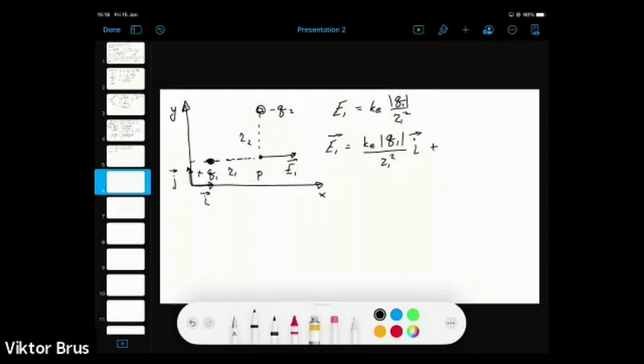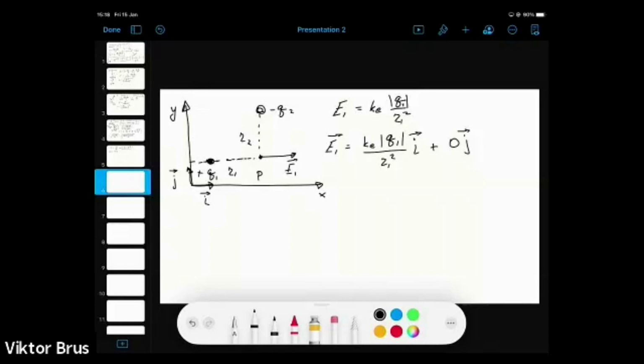However, since it's parallel to axis X, the projection on axis Y is 0. So we can just write 0 times J. So we have only the X component of this vector.